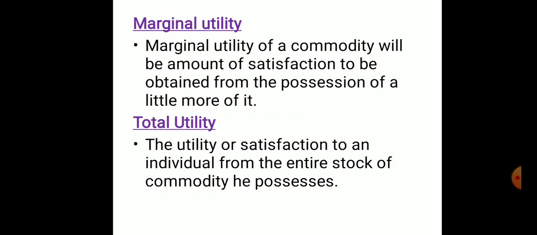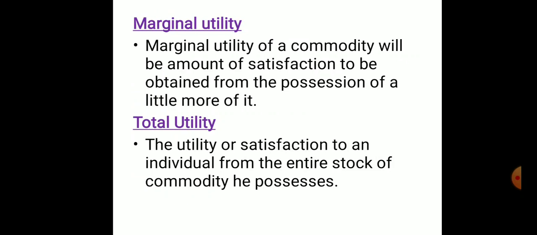The marginal utility of a commodity is the amount of satisfaction obtained from the possession of a little more of it. For example, we have 10 biscuits. When we are hungry, we consume the first biscuit, so it gives us some satisfaction. After that, we go for the second biscuit, third biscuit, likewise.